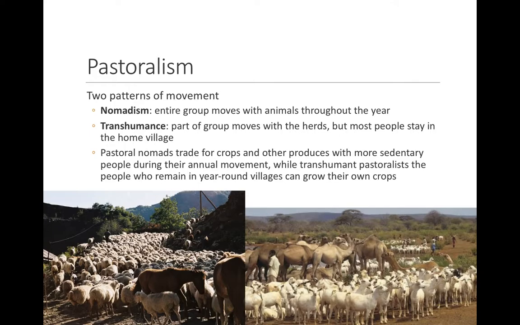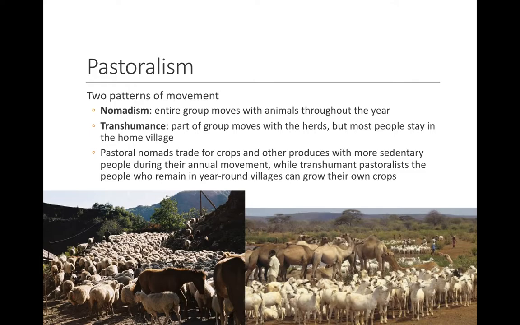And so this idea of transhumance, and the reason that it's facilitated by elevation gain, is because you've got colder, wetter areas like the high plateau, where you're going to be able to have enough food for your animals during the wintertime.